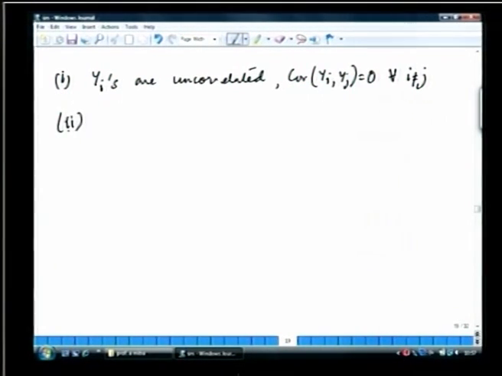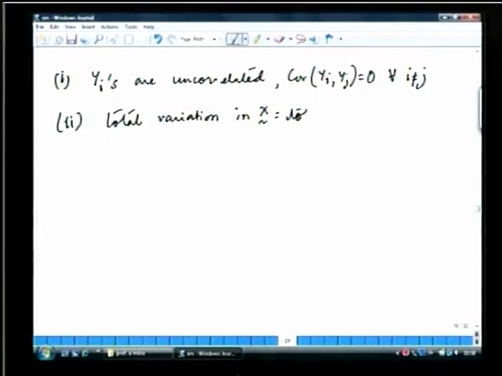The second one is the very thing that we started with, the total variation in x. We say that the information content of y is as good as the information content of x with respect to the total variability present in the data. So the total variation in x is equal to the total variation of y.